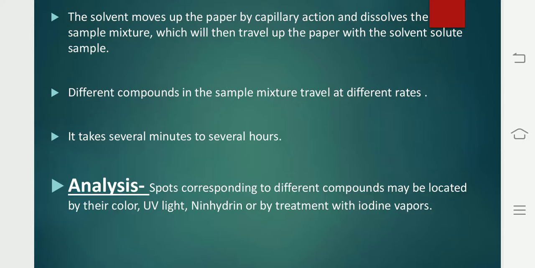Ninhydrin solution and valine solution are also used for analyzing these sample solutions. Another one is iodine vapor. The chromatography paper is placed in iodine vapor, so it can also be used for the analysis of the sample solution.